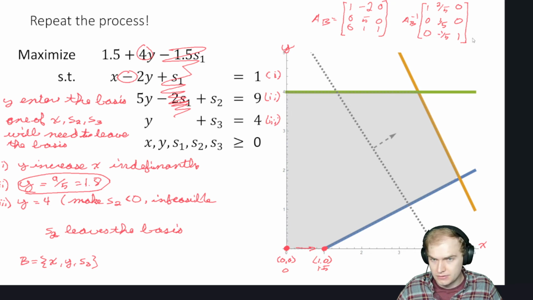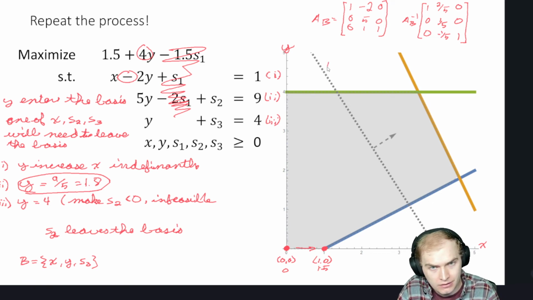So then remember that AB inverse B is our basic solution.